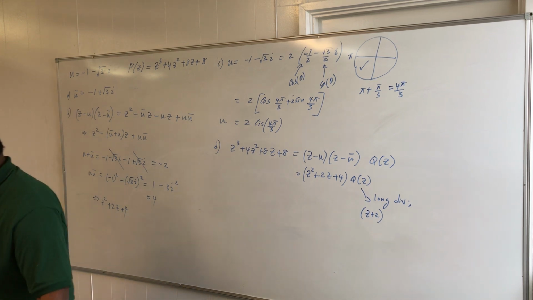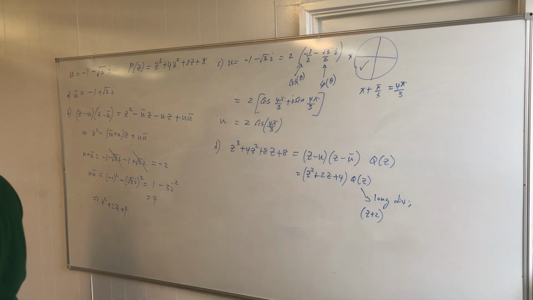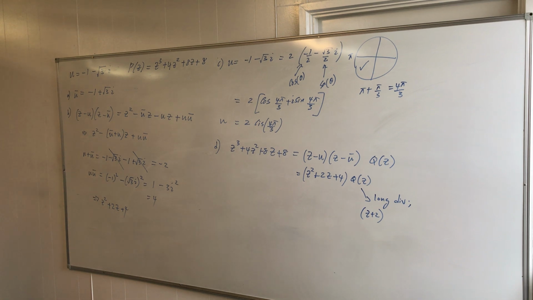Okay, so that part is fine. Okay? On the Argand diagram, plot u, b and c, the points corresponding to the three roots of P(z) = 0.